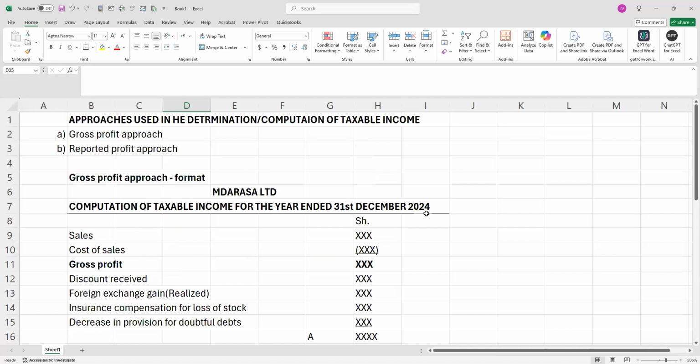So once we have this, what about the second approach? The second approach is the reported profit approach.